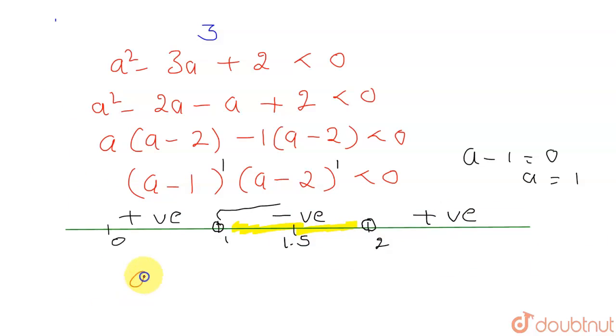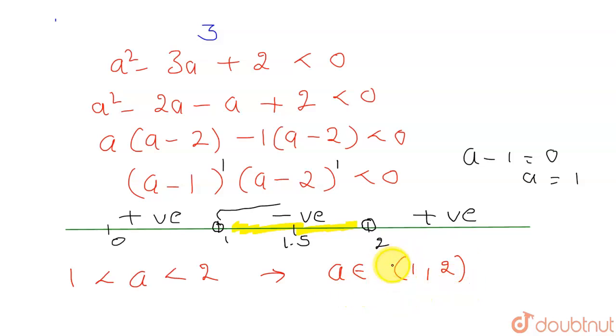Which we can write as a should be from 1 to 2. See, this 1 and 2 are not included, so I am not putting the equality sign here. In terms of a set, I can represent this as a belongs to the open interval 1 to 2.